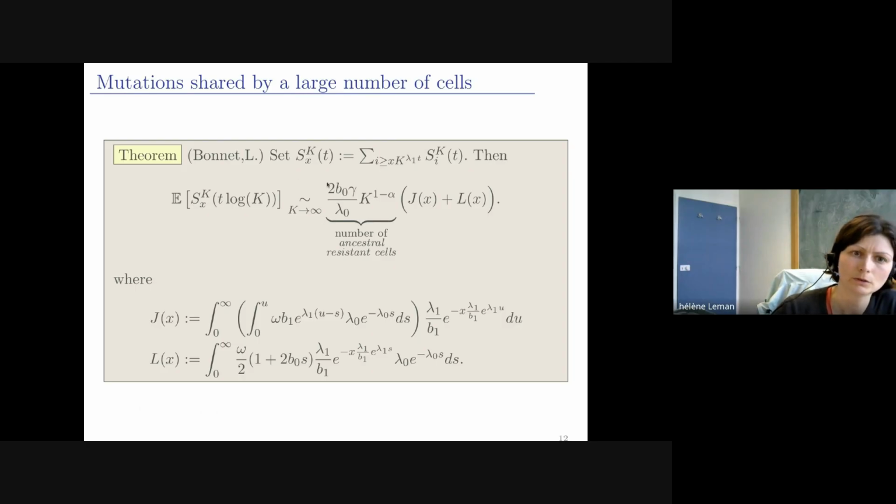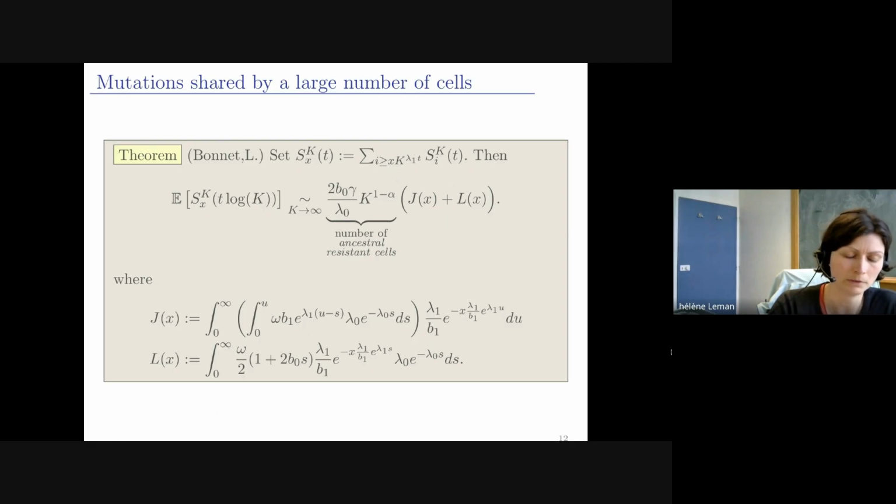We were able to exactly compute the first order of the expectation of this quantity. You can see that it's proportional to the number of resistant mutations that appear times a quantity that can be understood as two different contributions. We have the exact formula, so we can study it with respect to the different parameters.